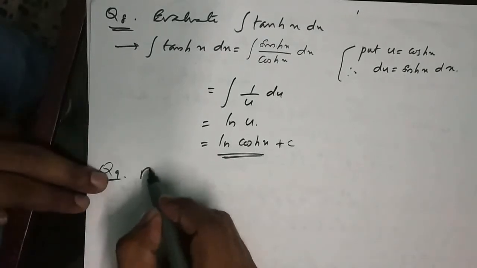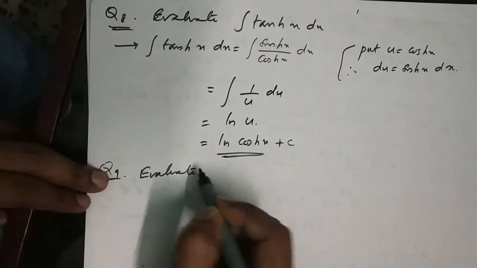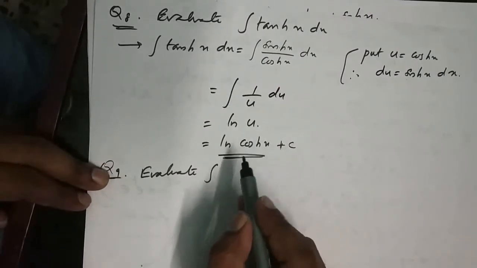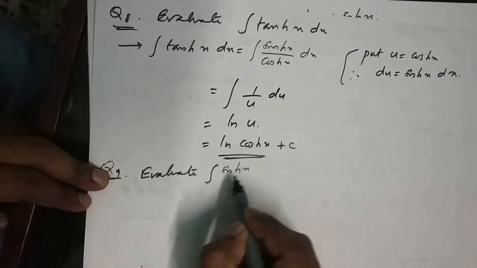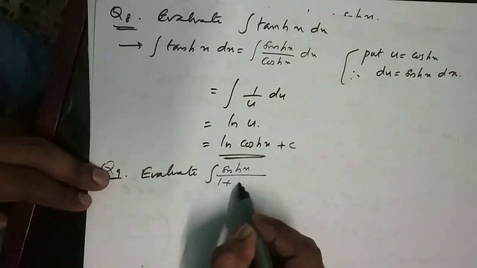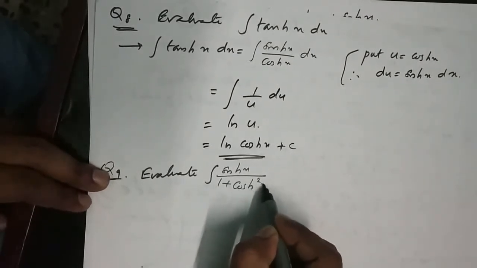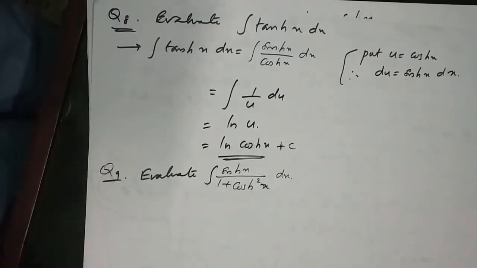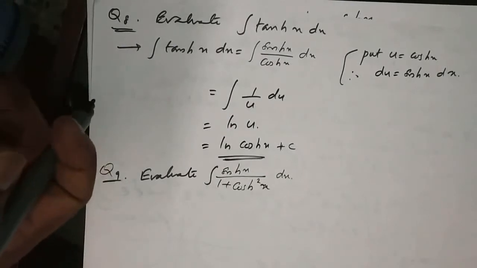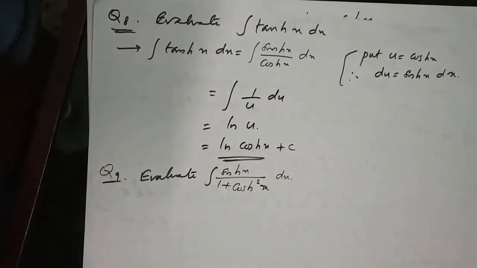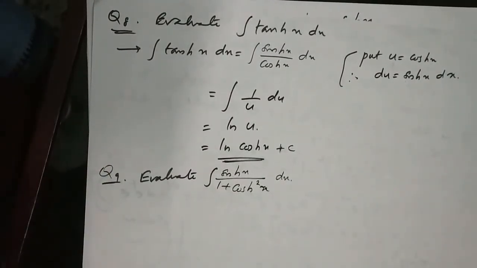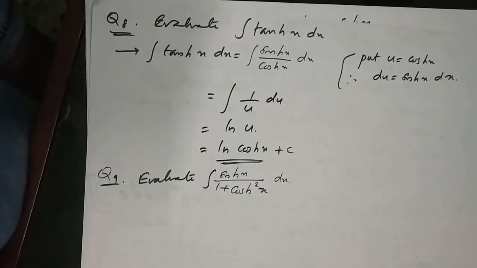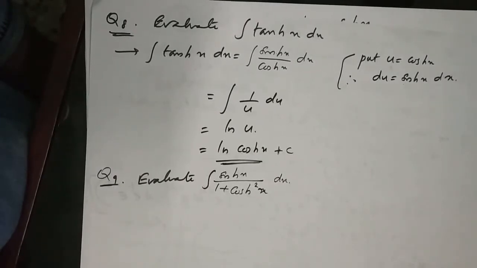The question is evaluate or compute the integral sinh x divided by 1 plus cosh square x dx. Okay. How to do this?